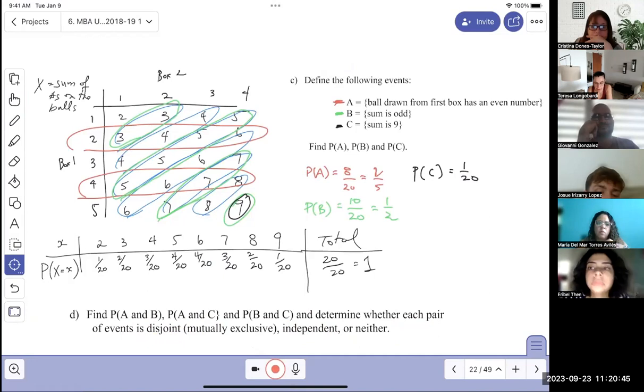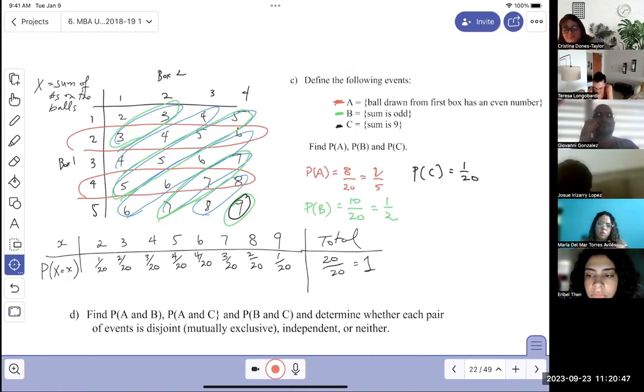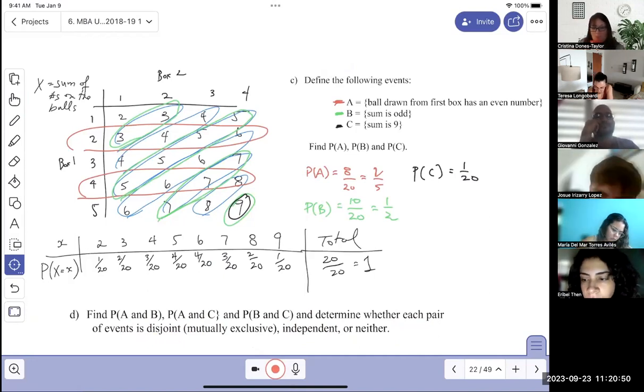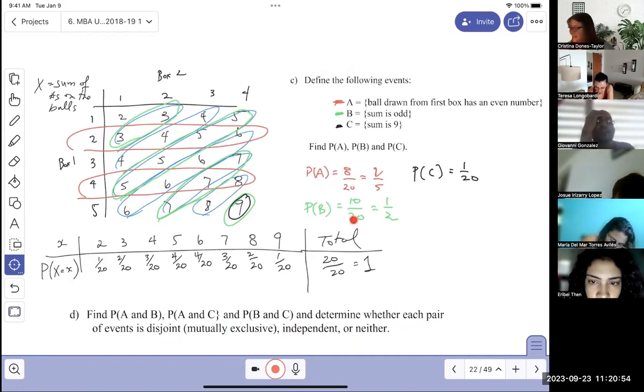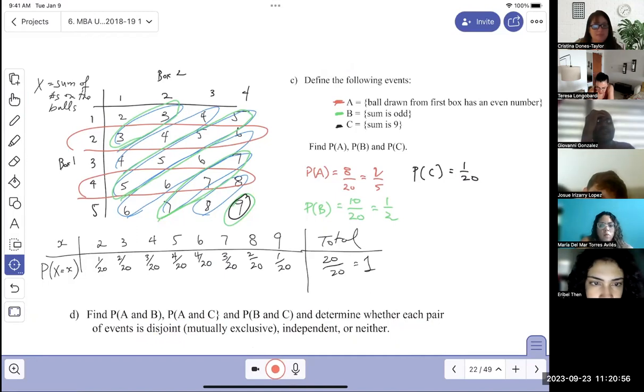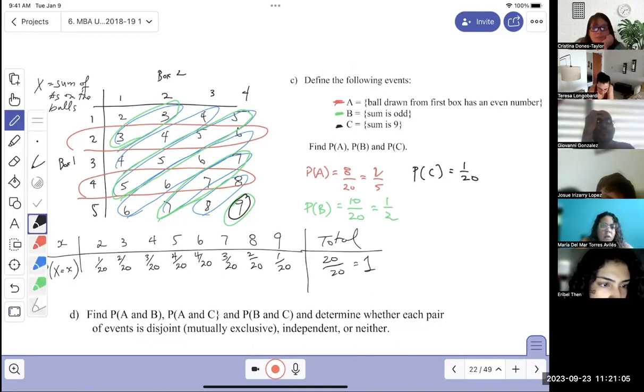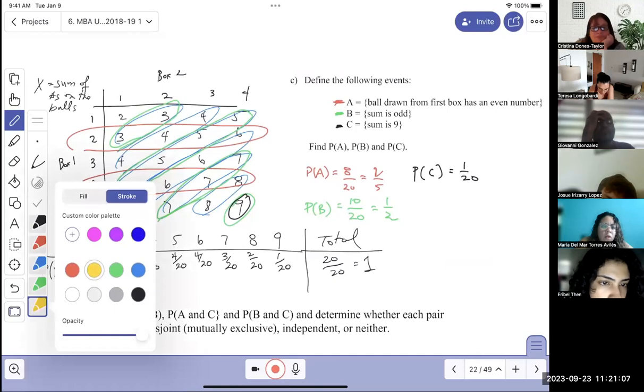All right, so this brings together everything we've done so far. Let's look at A and B. Do the red and the green overlap? Yes. Okay, let's mark in magenta. I know I have too many colors, but we're going to continue what we've done.